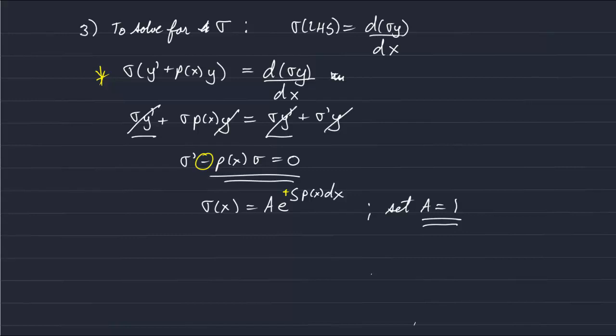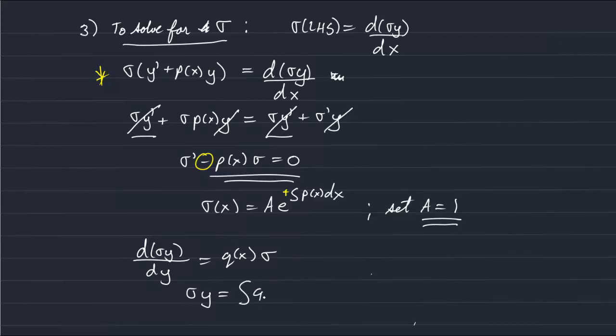So we've addressed topic 3, and that was to solve for sigma. And now finally we can solve for y, because remember we said that the left-hand side was the derivative of sigma times y, and that is equal to q of x times sigma. And therefore, by integration, we see that sigma times y is equal to the integral of q of x times sigma.